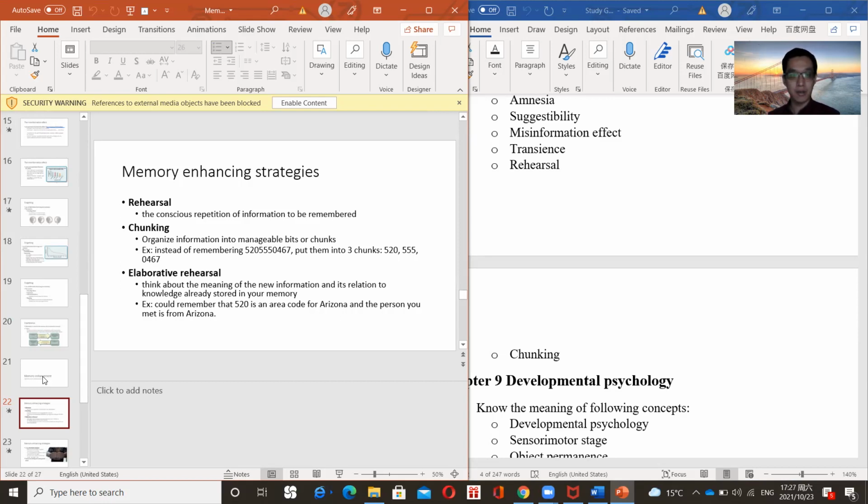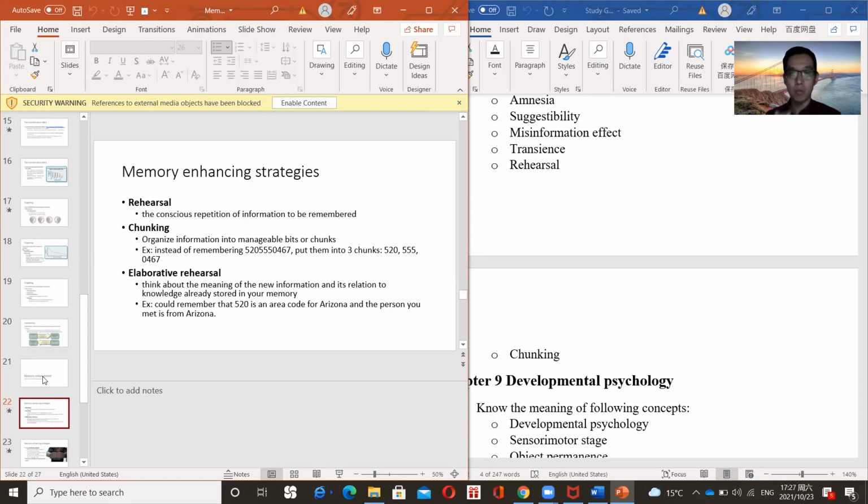The first chunk is 520. The second chunk, 555. The third chunk, 0467. So we can remember what is in every chunk. In every chunk, there are only 3 or 4 digits.